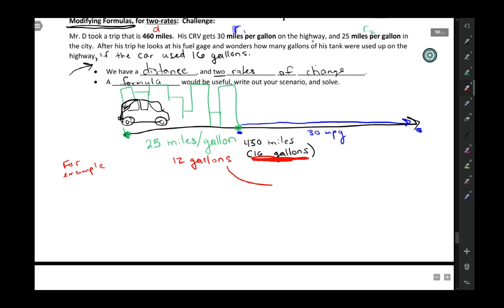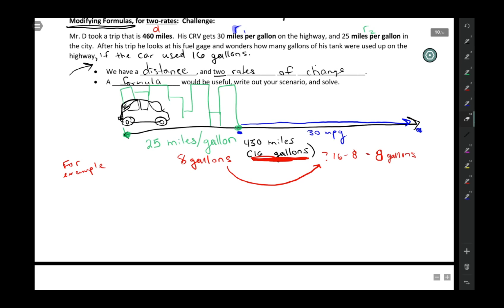How many gallons would I have used on the highway? Well, if I used up 16, that means I would have used 4 gallons worth. Say I used up 8 gallons in the city. Then I would have used 8 gallons on the highway.